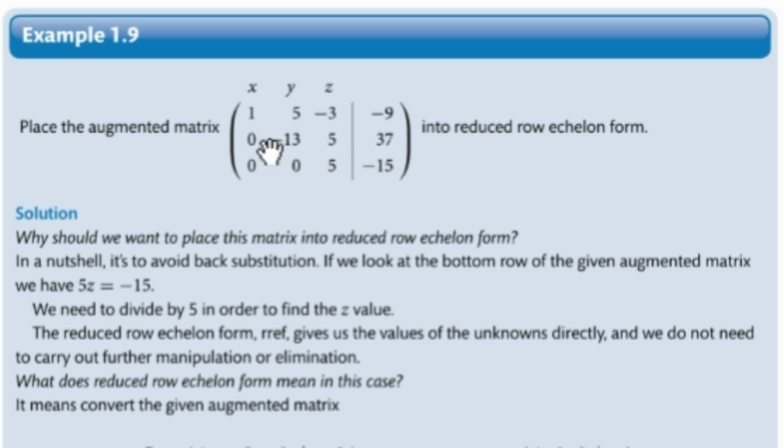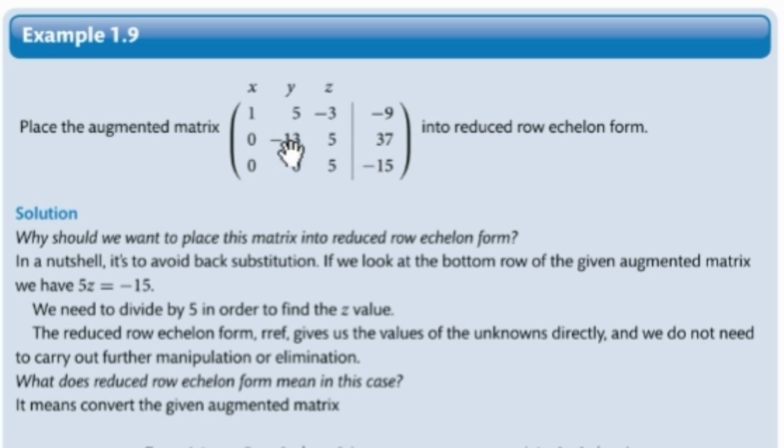I want to get this term to be 0, and I want to get this term to be 1. And so I do that by taking 37 minus 5z to the other side, and z is negative 3, so minus 5z is going to be just adding 15 over here. So I'm going to have 52, and then I'm going to divide by 13.